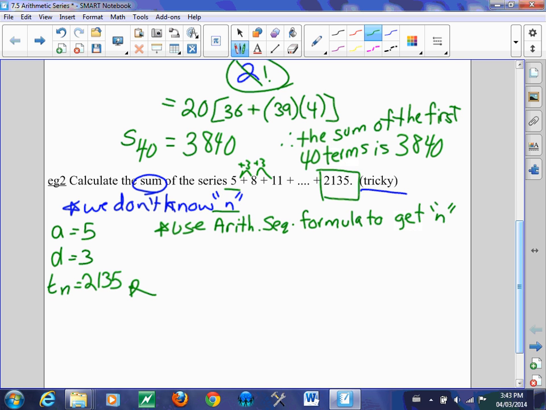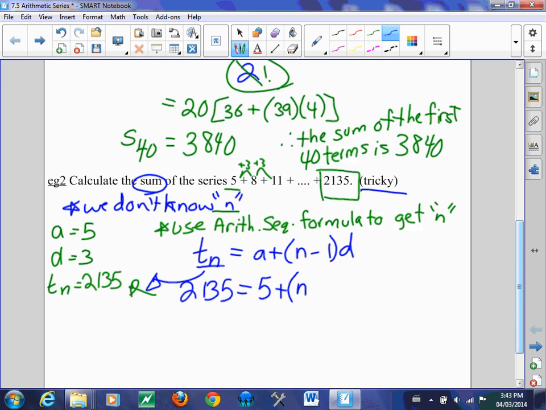And just remember, n is the number of terms. From 2 lessons ago, you learned this was your arithmetic sequence formula. Sub in what we know. We know T at n equals 2,135. We know a equals 5 plus n, that's what we're trying to find, minus 1 times d, which is 3. So let's rearrange this formula.